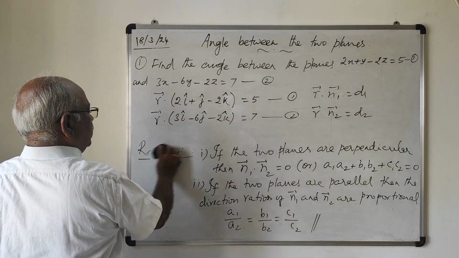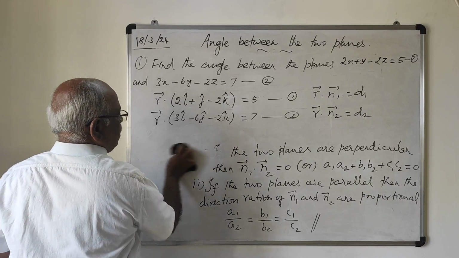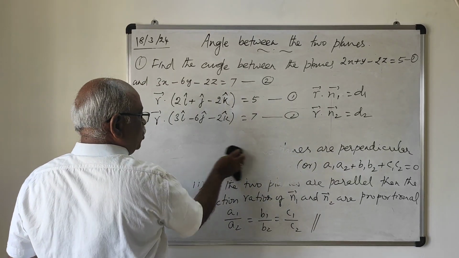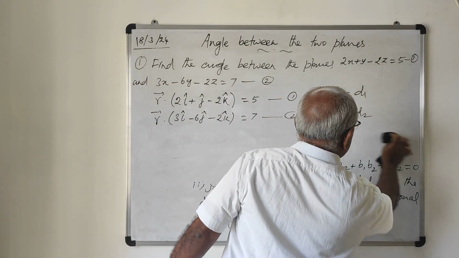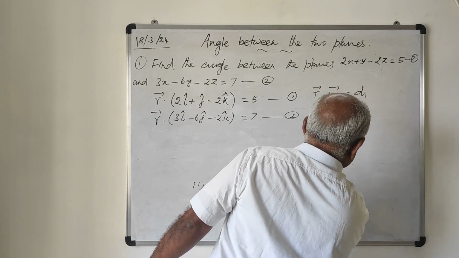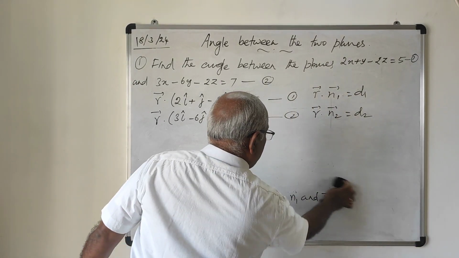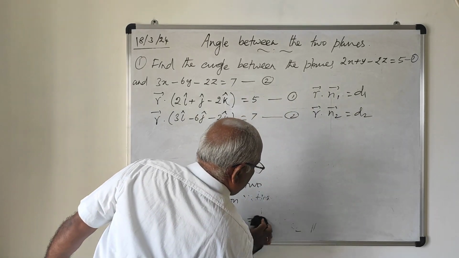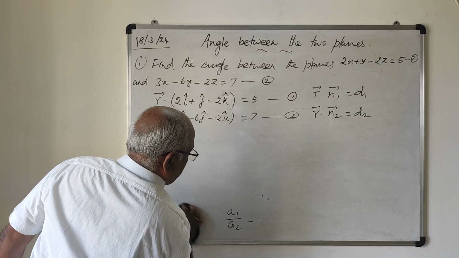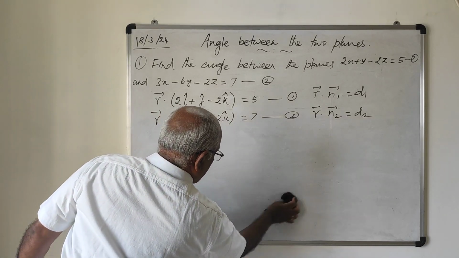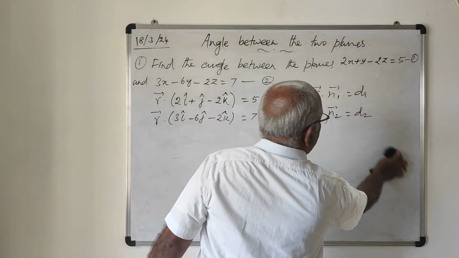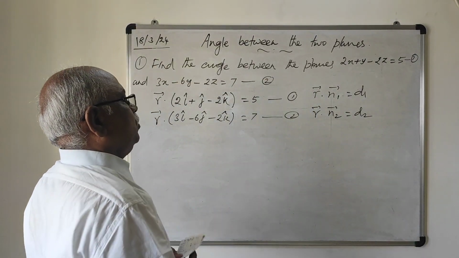Now to find the angle between the two planes, cos theta equals modulus of n1 dot n2 by modulus of n1 into modulus of n2. So we apply the given data into the formula.